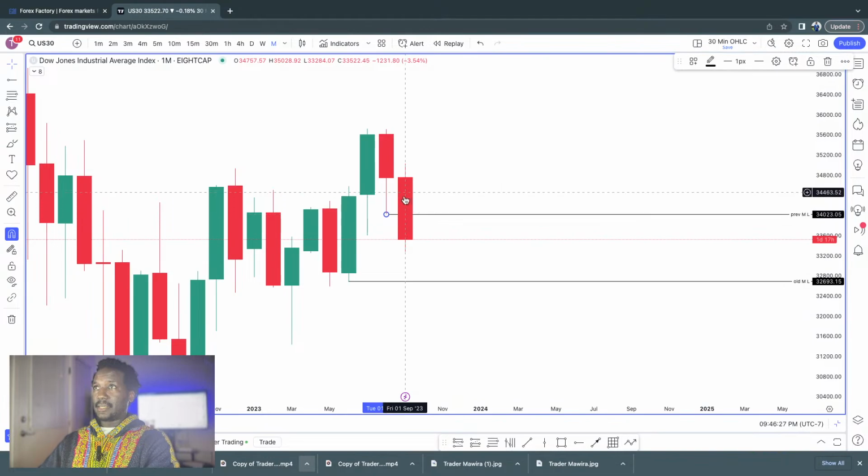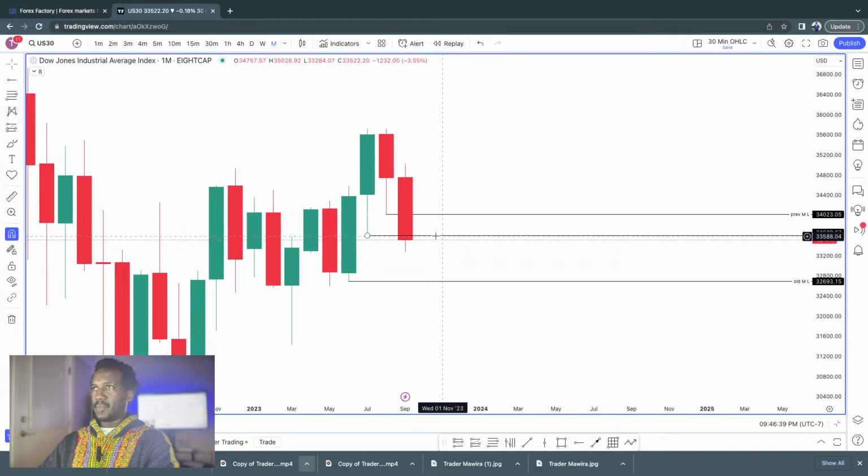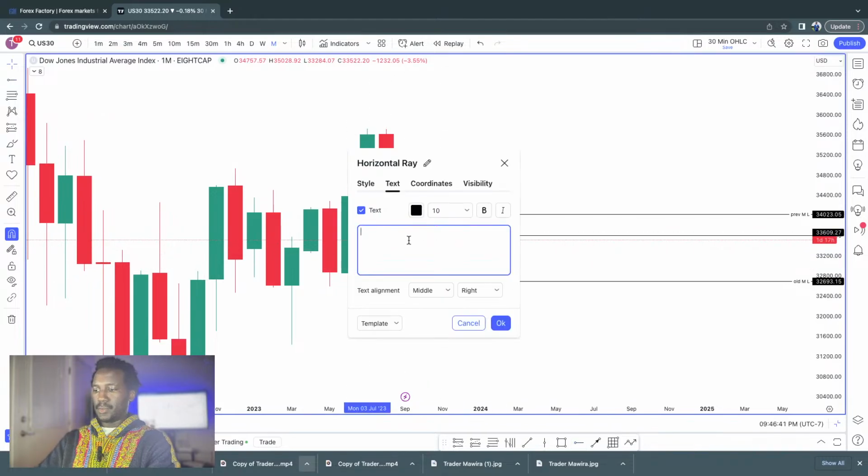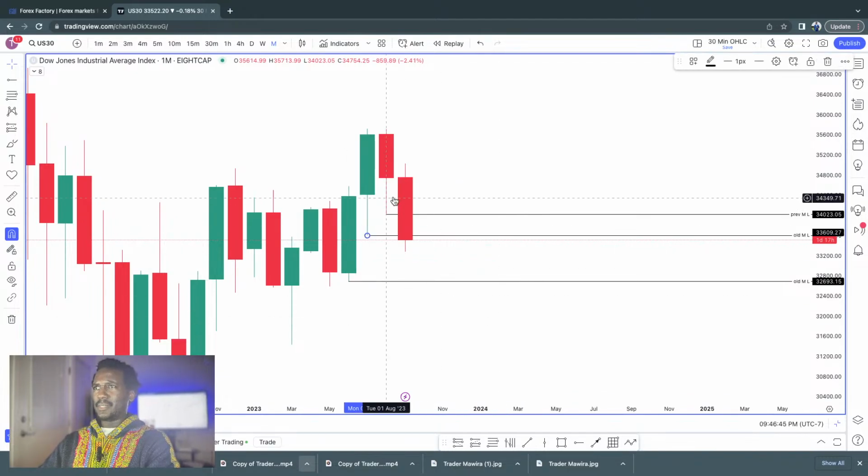So we can see that this month we ran through last month's low, and we can also include that monthly low. These are all going to be levels which are important, so we can also do old monthly low. The reason why is I don't want to start saying 3 previous months low.